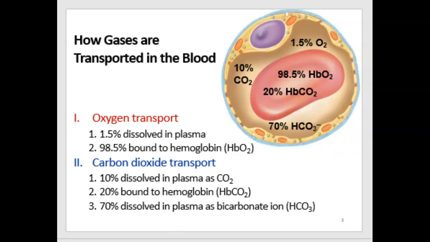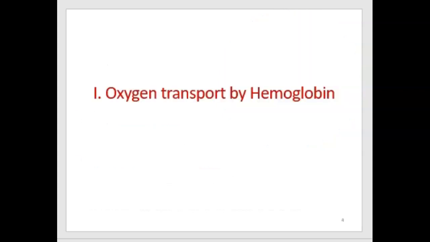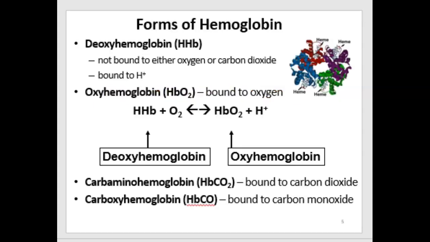We're going to start with oxygen transport and how hemoglobin works to deliver oxygen to the tissues and drop it off and pick it up in the lungs. So let's look at some structure of hemoglobin to begin with. When hemoglobin is not bound to either gas, it is called deoxyhemoglobin.